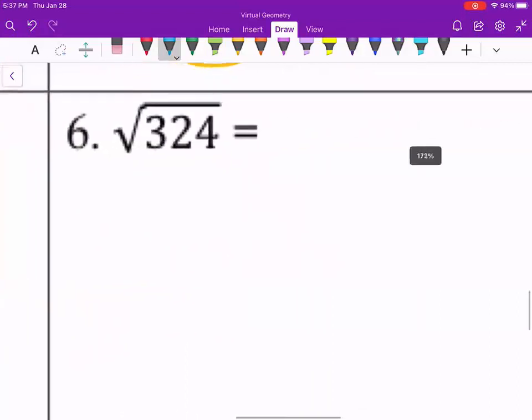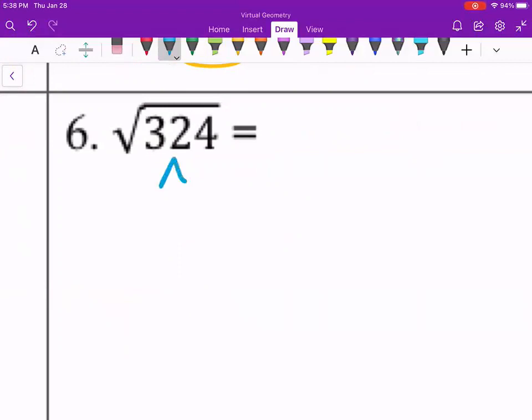Let's try another one. All right, now we're looking at 324. So let's say all you know is it's divisible by 2 because it's even. That's fine.